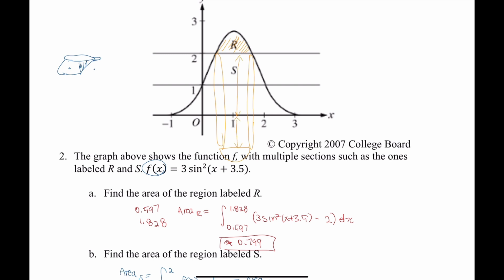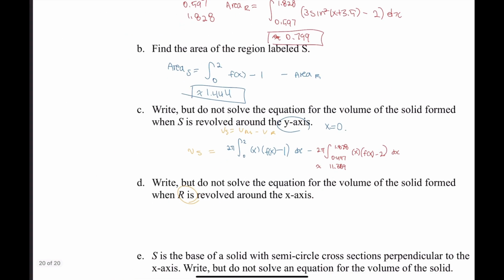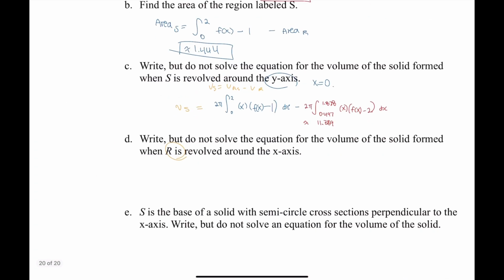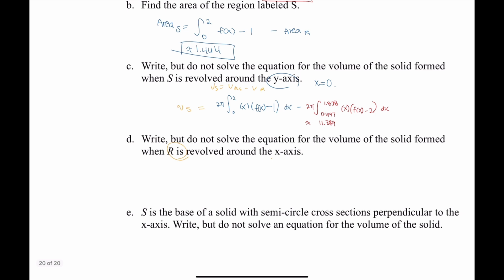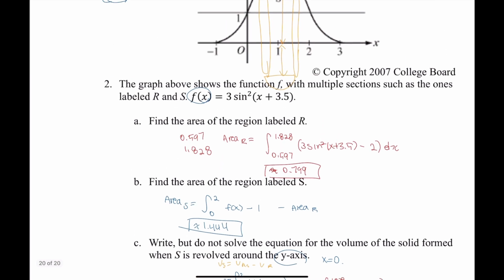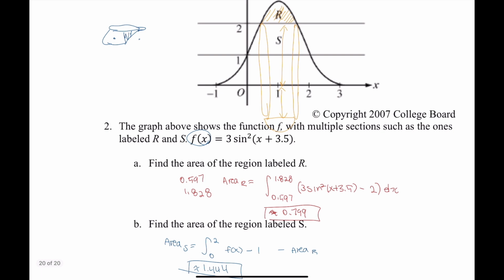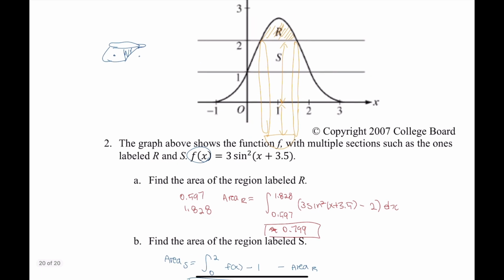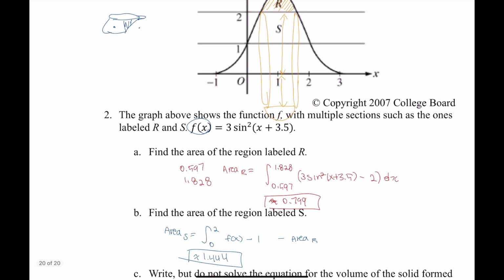I think the drawing is a little bit out of proportion. When it's revolved on the x-axis, this means y equals 0. So it's not cylindrical shells that we need to use. I think it's probably going to be washers because the middle part is blank.